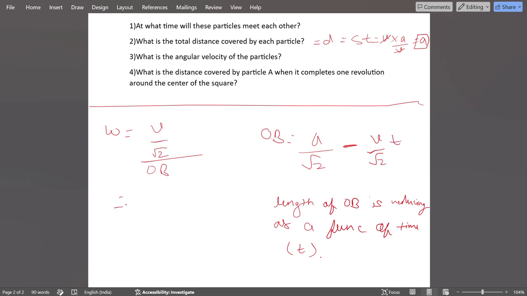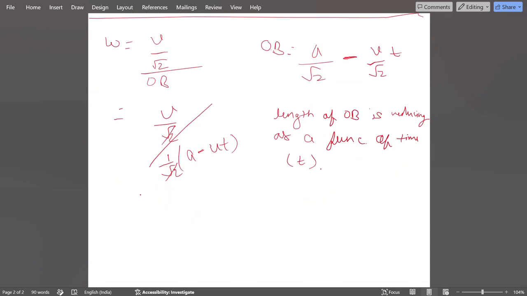Putting the values, v upon root 2 upon 1 upon root 2 into a minus vt. This would give us omega equals v upon a minus vt.